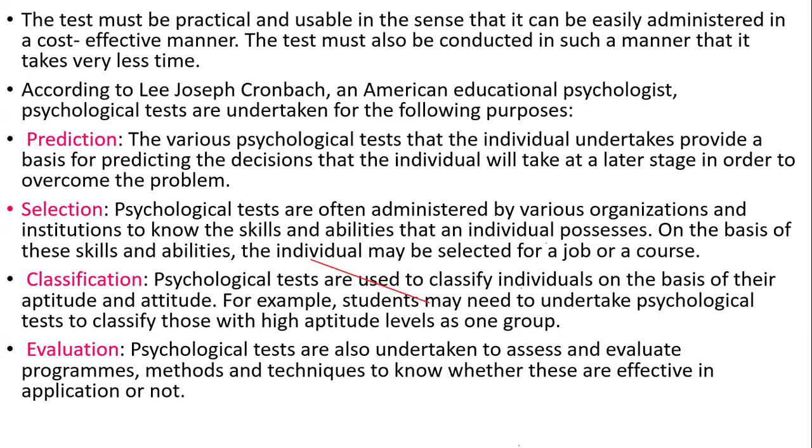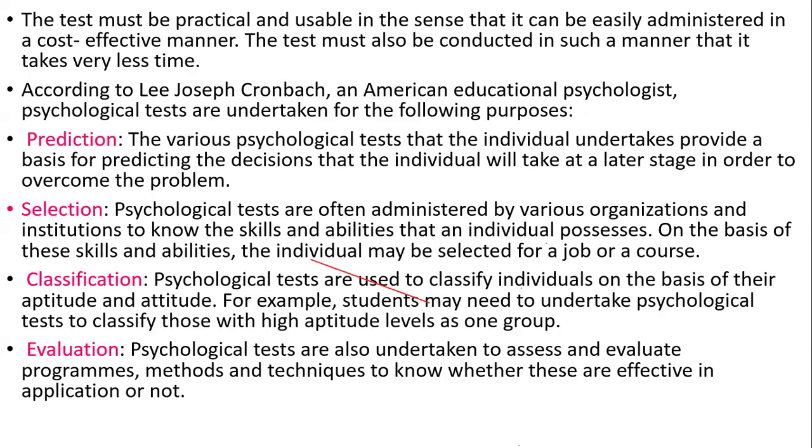Psychological tests are often administered by various organizations and institutions to know the skills and abilities that an individual possesses. On the basis of these skills and abilities, the individual may be selected for a job or a course. Selection. What is this for?